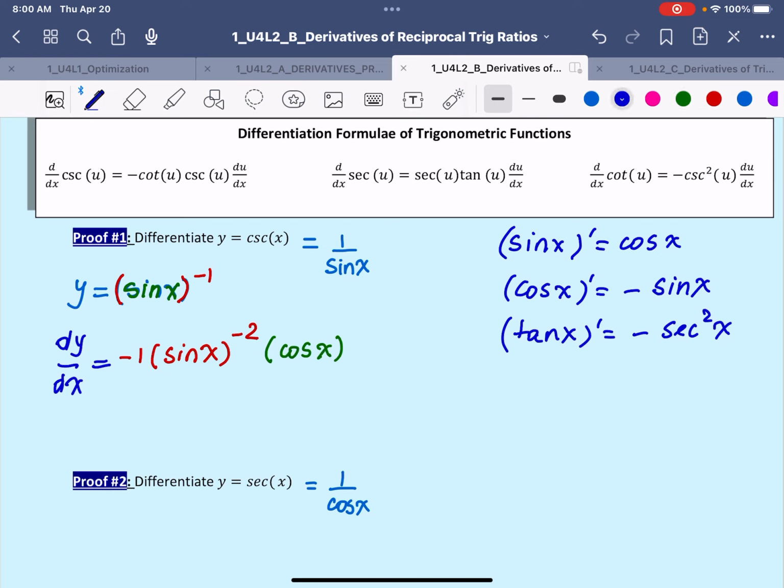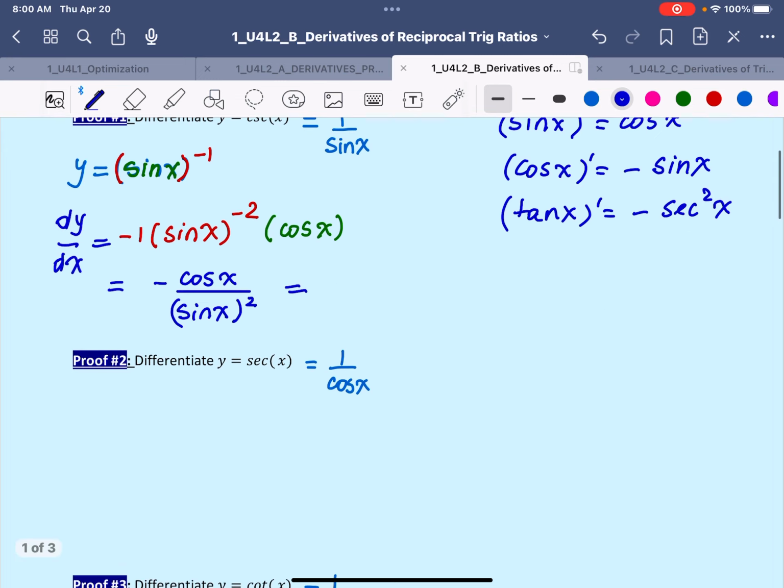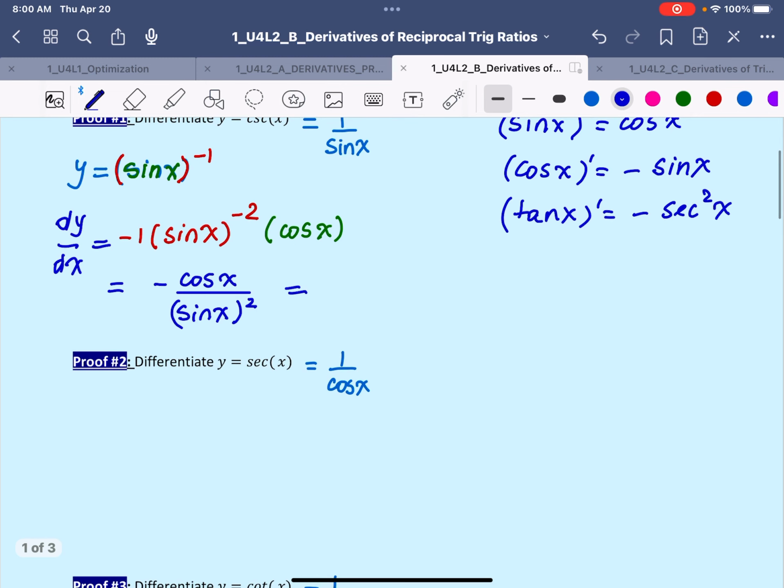Continue simplifying. So we'll make the negative power into a positive by bringing sine of x to -2 down in the denominator. That turns into sine x power of +2. And now we will rearrange the trig terms in here. We have negative cosine x, and rewrite sine of x squared as sine x times sine x.